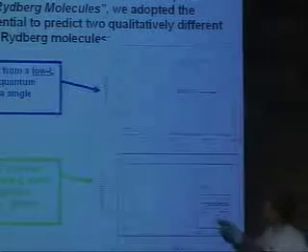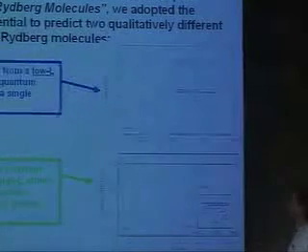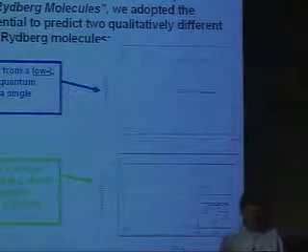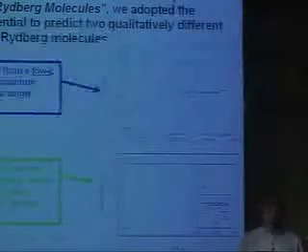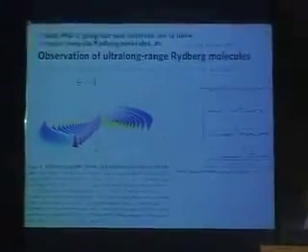And the second type are these kind that have the wave function that looks like a trilobite, that have a much higher density of states and are bound by orders of magnitude more, which are the polar type of long-range Rydberg molecules.